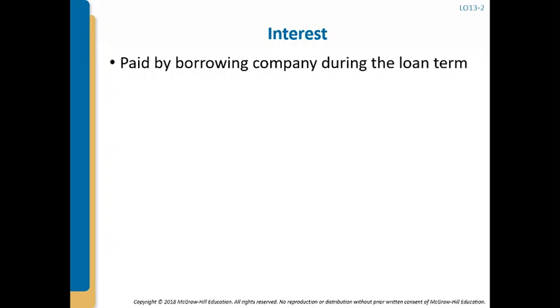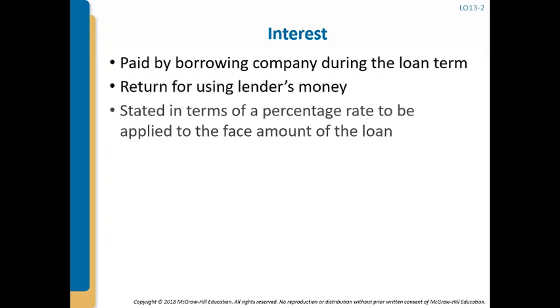Now, of course, whether it's committed or non-committed, if you draw down on your line of credit, you're going to pay a certain amount of interest on the amount you borrow. And so you're giving the lender a return on the money that you're borrowing from them.